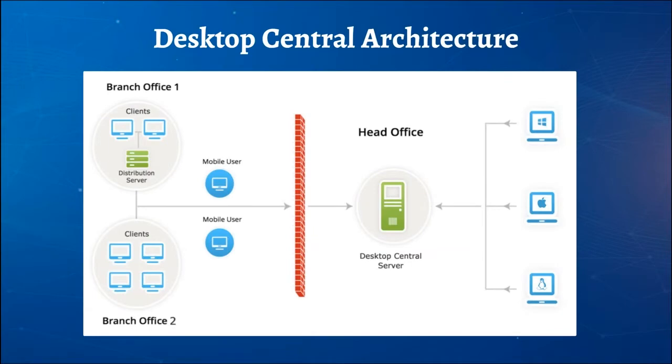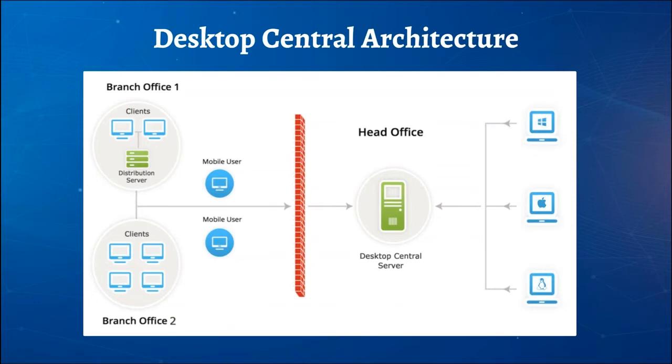Coming back to the architecture, you can also manage machines in LAN and WAN networks using the distribution server, which is available in Desktop Central. What is this distribution server? For example, if you're managing more than 10 machines in a remote site, which is a remote office, and if you have concerns about bandwidth, then you can use this distribution server.